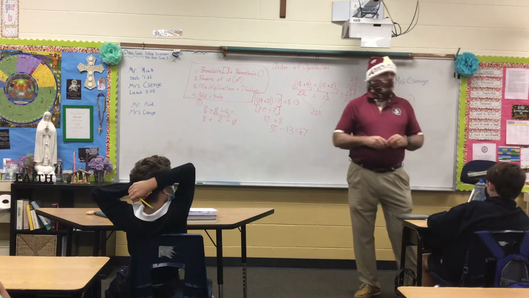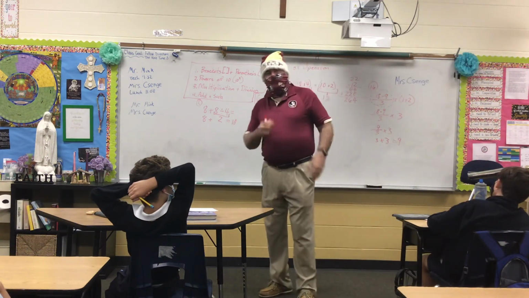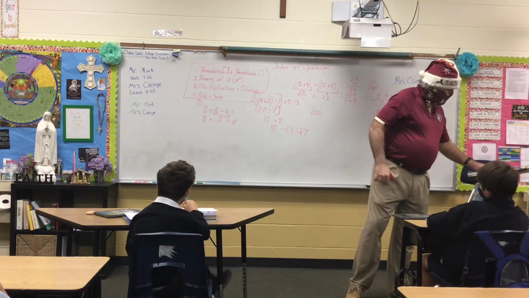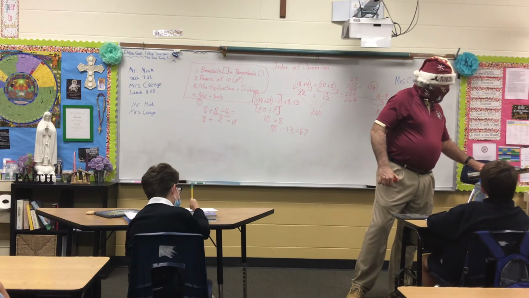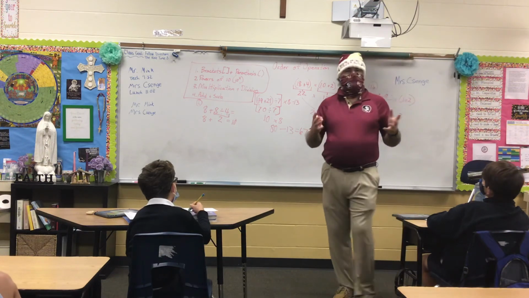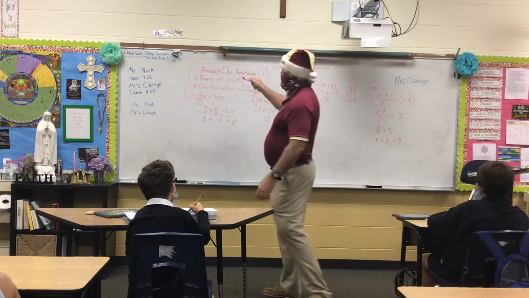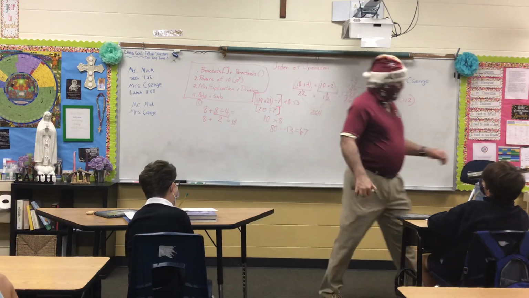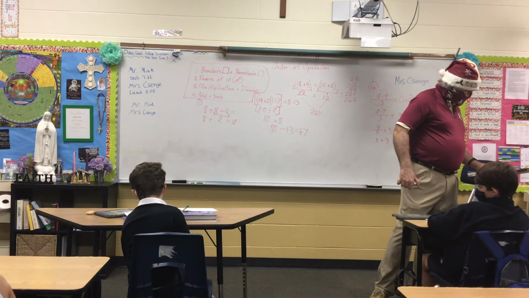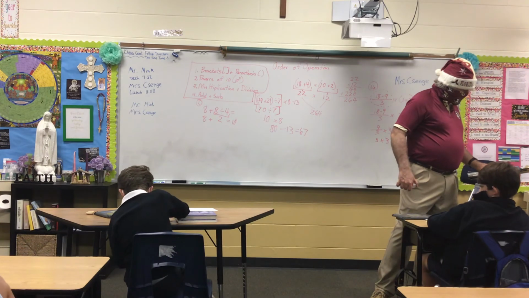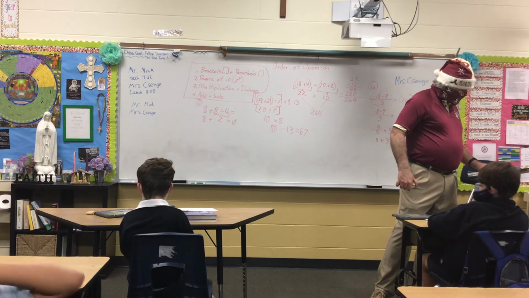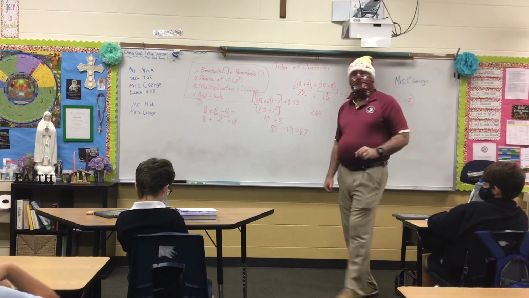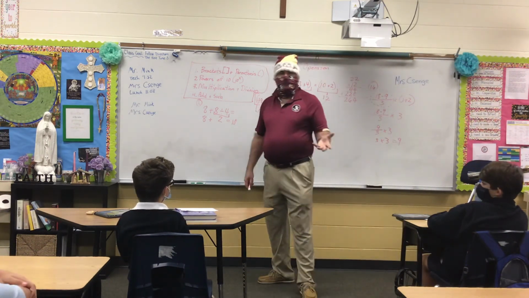With a power, number 3 has a power of 10 in it. So first you do whatever is in parentheses, if there are any. If there isn't, you skip over. Next thing you do is you simplify your power of 10. And in this one, number 3 has 10 to the second power. So it's 100.